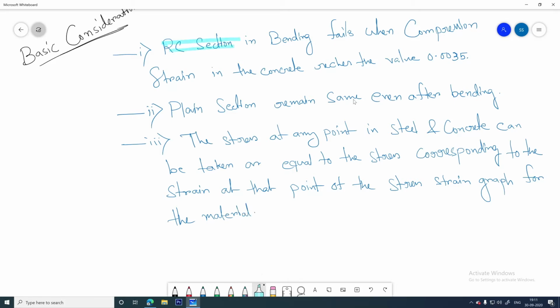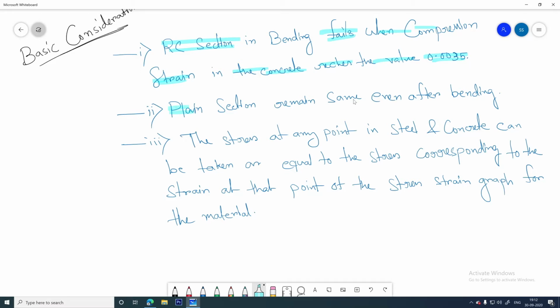So let's go through this. An RC section in bending fails when the compression strain in the concrete reaches the value of 0.0035. I have shown you in the strain diagram that at the extreme end the value of the strain is 0.0035. When it reaches that value the beam will fail.